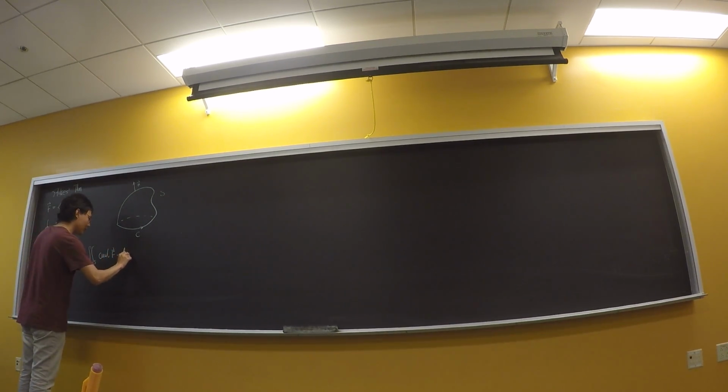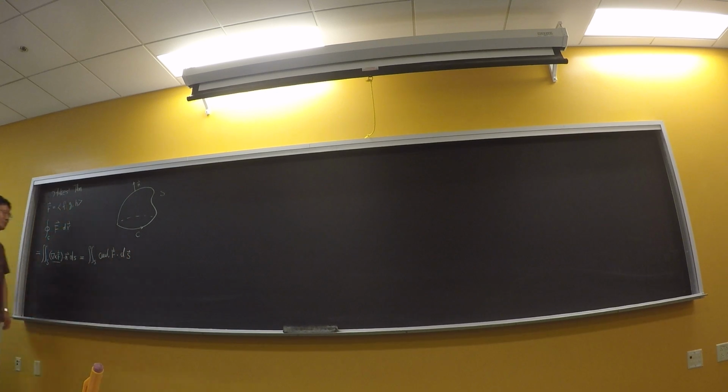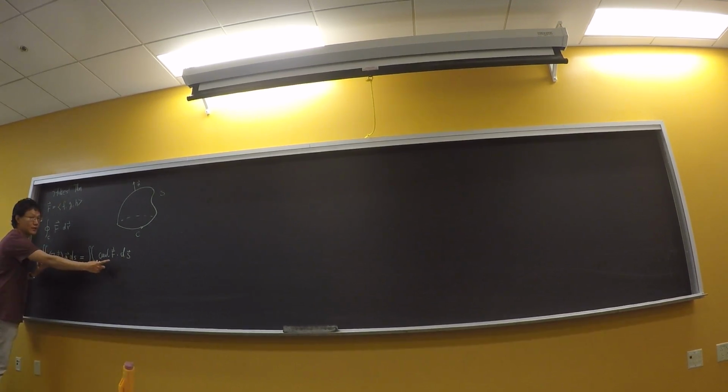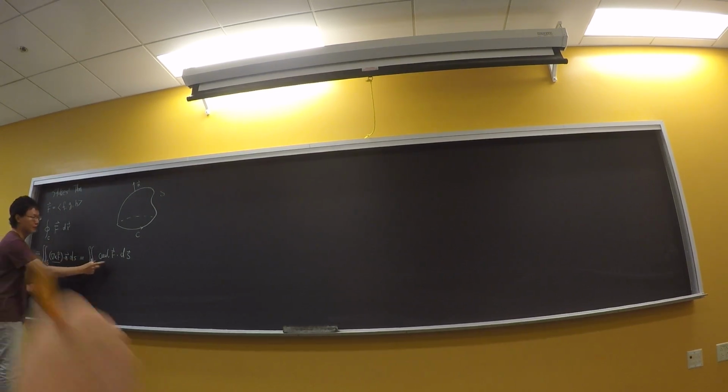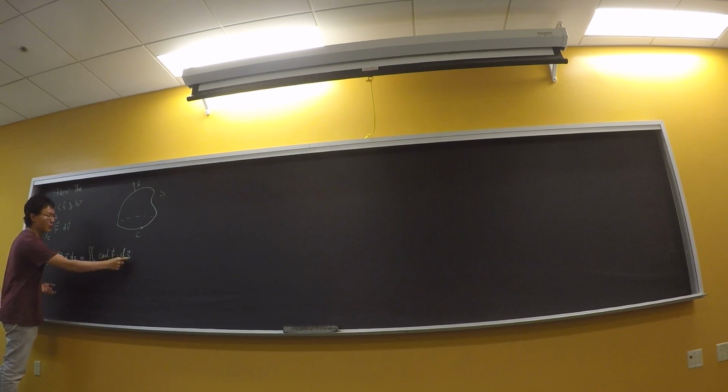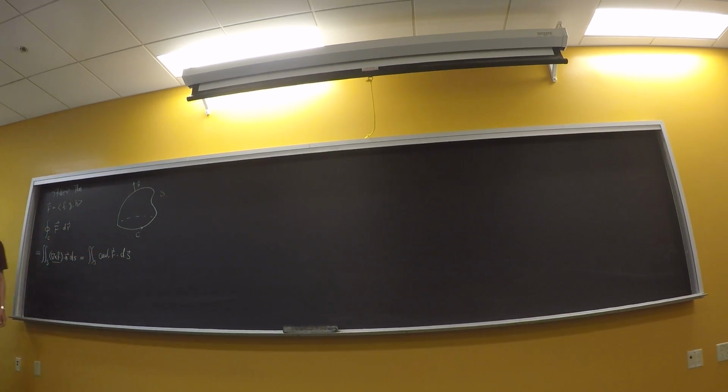A lot of people prefer to write it in this form, which is exactly the same principle. These are two terminologies for the same surface integral: curl dotted with the normal on the surface is the same as curl dotted with the surface element. These are two slightly different notations.